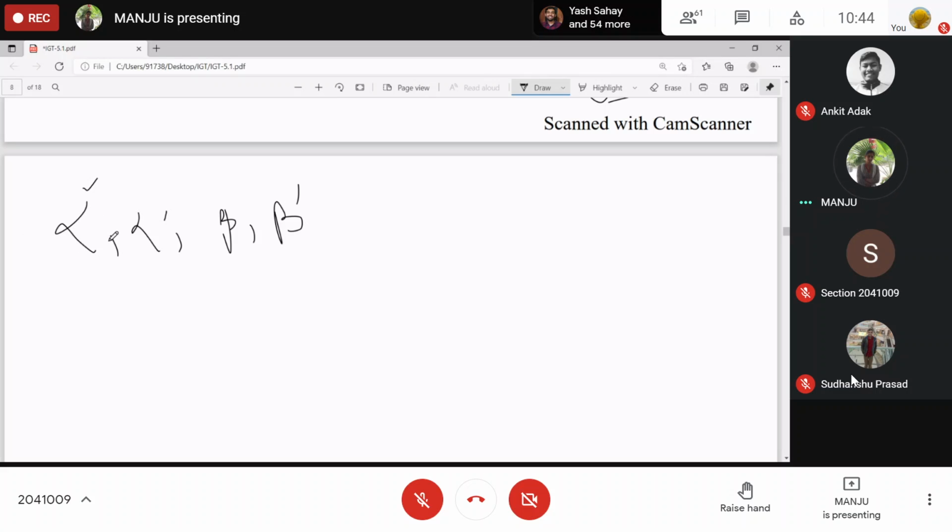Alpha, alpha dash, beta, beta dash. Anyone?